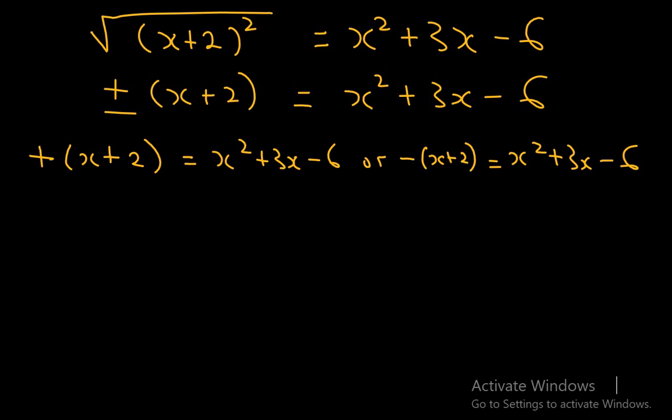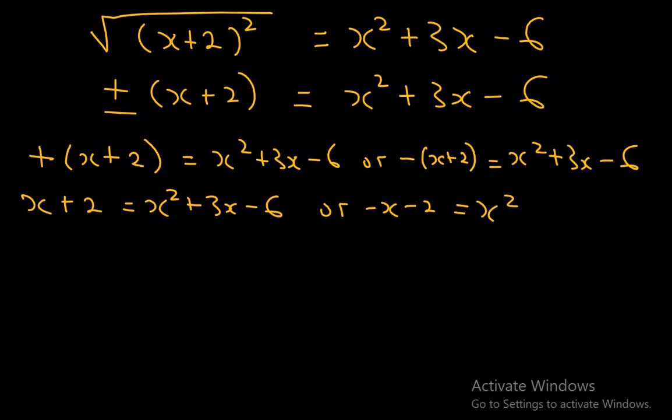So if you open up, expand and simplify, you have x plus 2 equal to x squared plus 3x minus 6. On the other side, you have minus x minus 2 equal to x squared plus 3x minus 6.